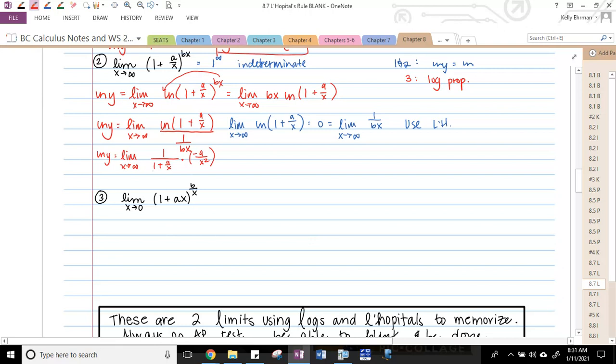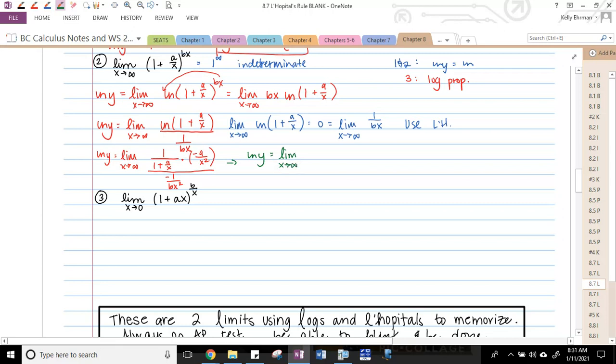All right, and then we have, where are we? The derivative of 1 over bx is negative 1 over bx squared. Before we try direct substitution, let's clean this up a bit. So the natural log of y equals the limit as x approaches infinity.